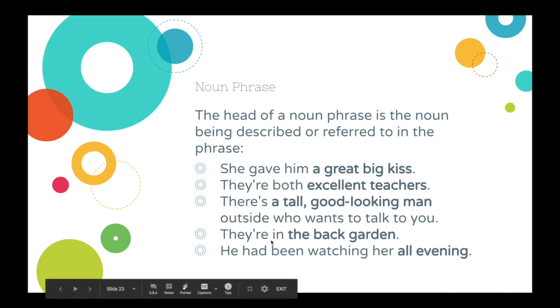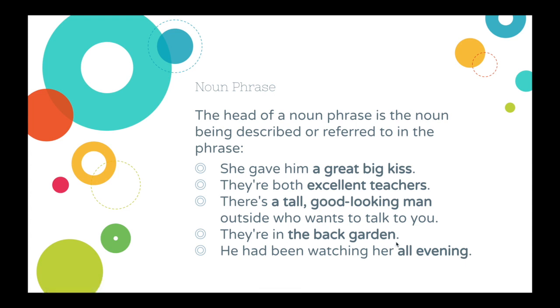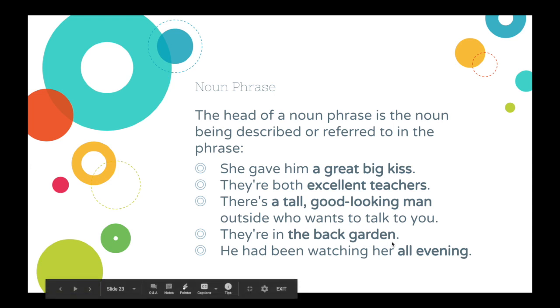First, we can separate it into in the back garden, which is a prepositional phrase. Then we can make another layer underneath it, the back garden, which is a noun phrase. And underneath it there is an adjective, the word back.